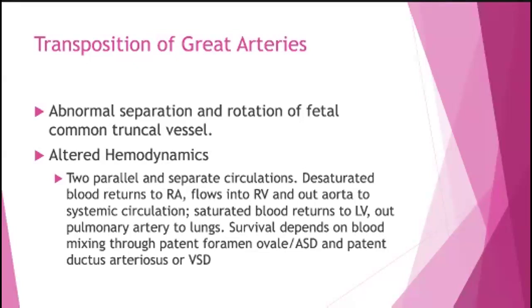No oxygenated blood reaches the body unless there's an area of mixing, and it's usually a PDA, an ASD, or a VSD. Without that mixing, transposition of the great arteries is incompatible with life.